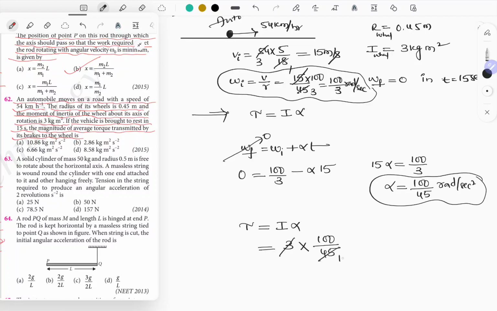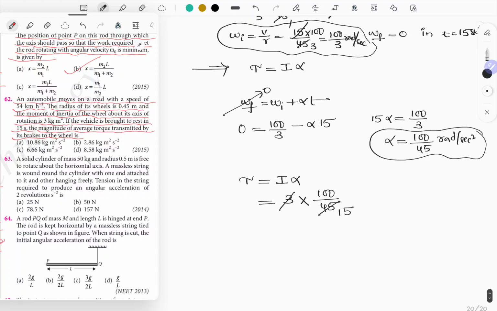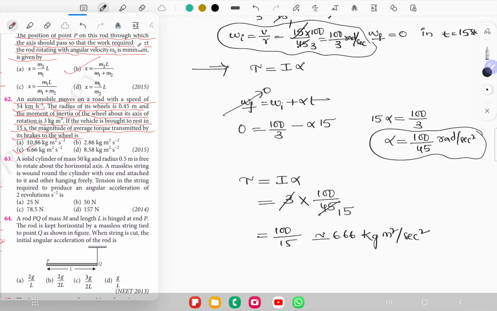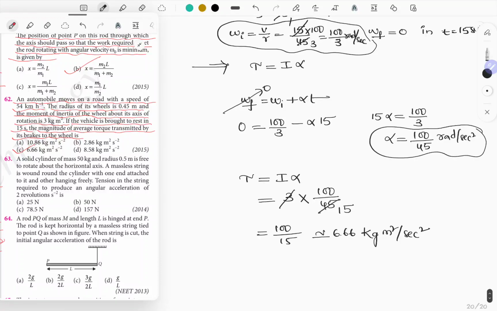So 3 into 100 divided by 45, 100 divided by 15, is approximately 6.666, so make it 6.67 kg meter square per second square. Which option matches? Option C is the correct answer. Is it clear? Try to follow the steps that I have given carefully.